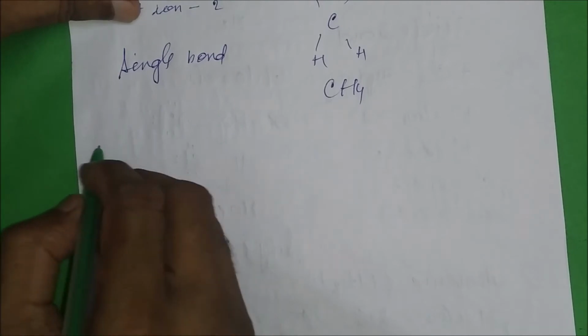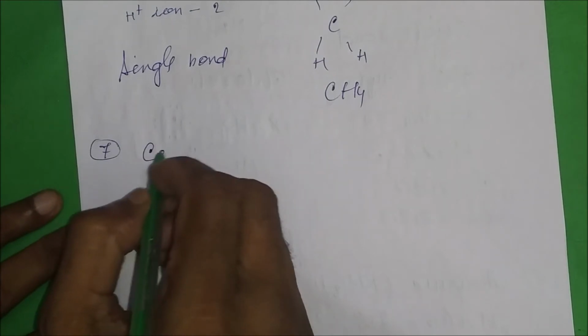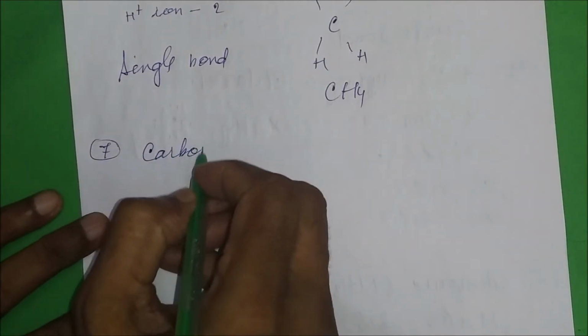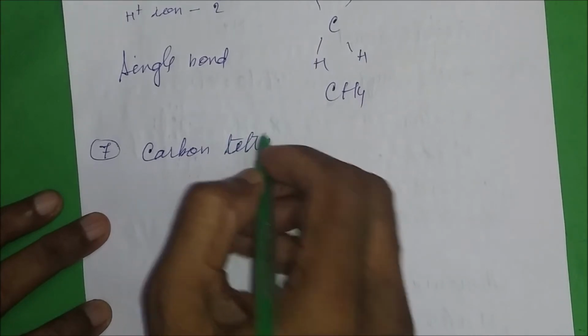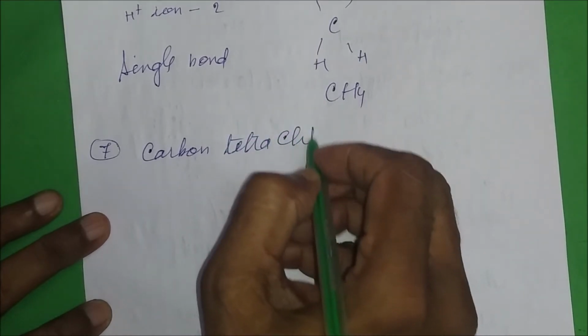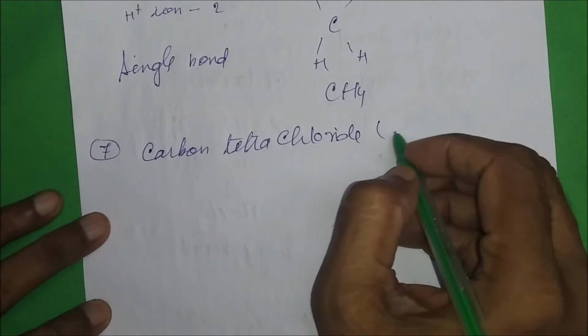Next one, you see another example, number 7. Carbon tetrachloride. Right? What is the formula?